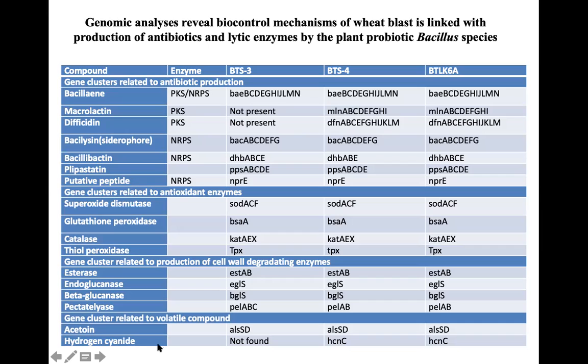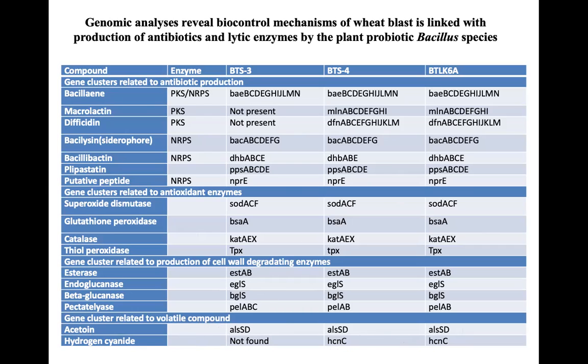Hydrogen cyanide, very toxic compound, but there are some differences among the three bacteria. Acetoin, this is a very interesting compound, a small molecule, and we found that all of the bacteria contain acetoin, and it can induce systemic resistance in the host plant. What does it mean?